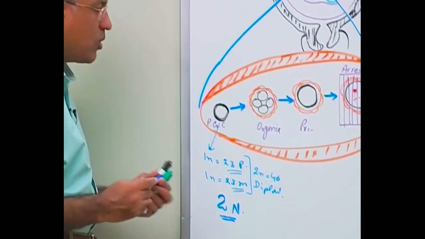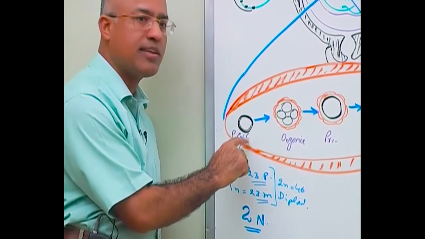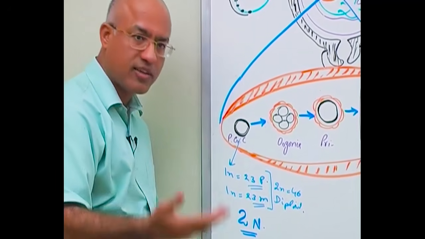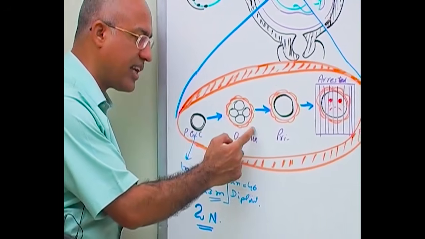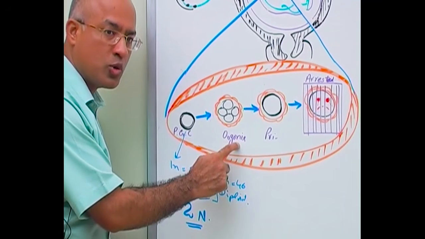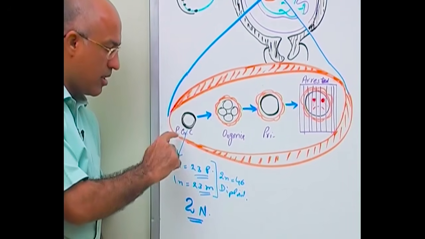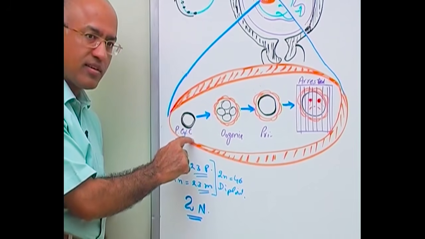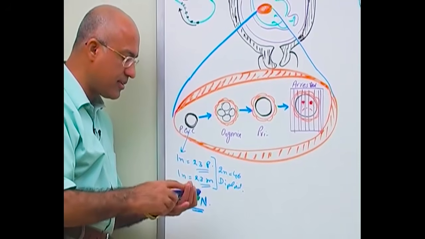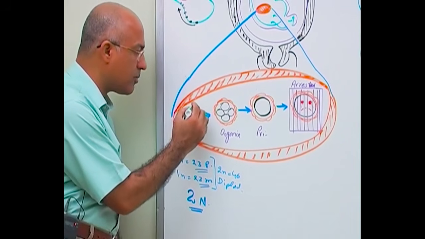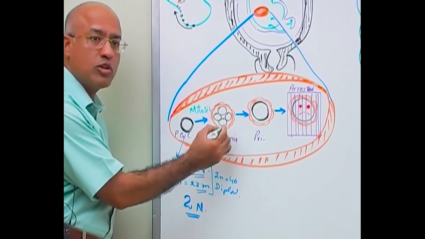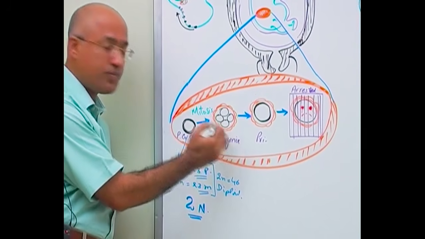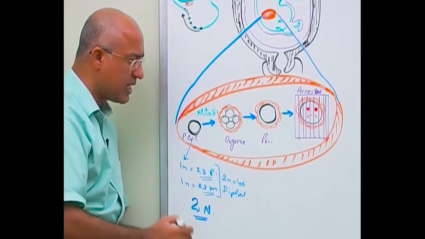Now these primordial germ cells multiply by mitotic division and produce the next generation of cells, which are called oogonia. So primordial germ cells, via the process of mitosis, produce oogonia.